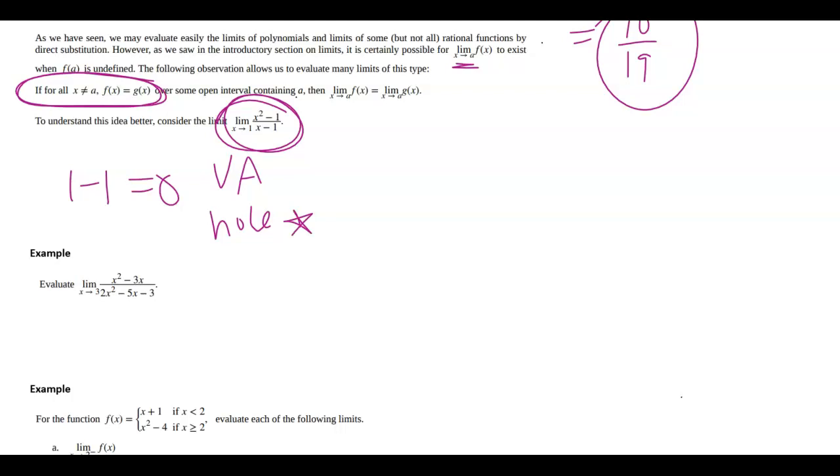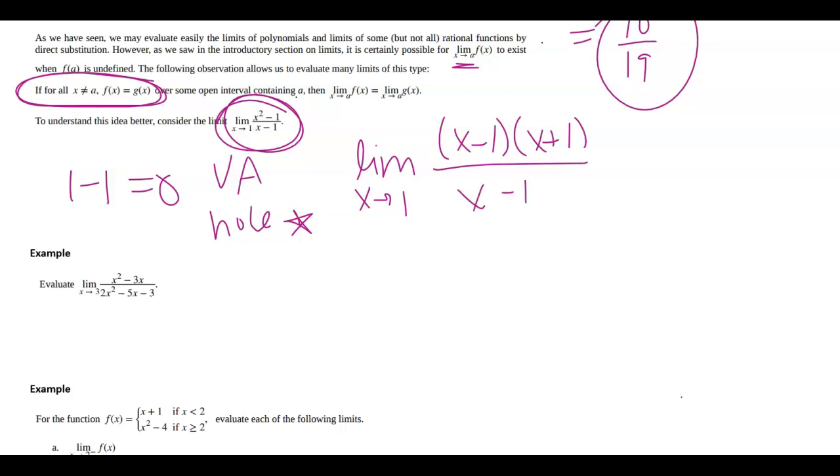Can I factor the numerator? And the answer is yes. And then second part of this, is the numerator's factor one of the things that can cancel with the bottom? Second answer is yes. Notice that is the a value that's causing this issue, right?